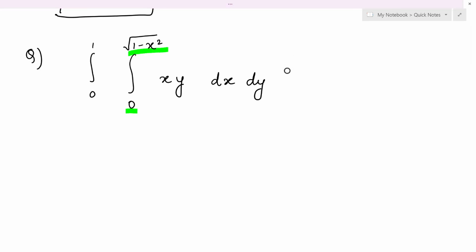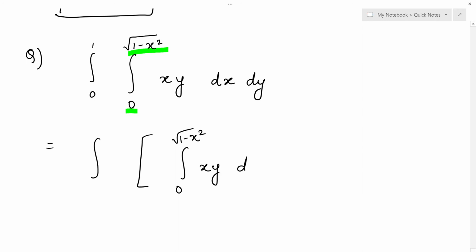The inner limits now clearly are in terms of x. Since the inner limits are in terms of x, we will integrate with respect to y first, and then later on with x.